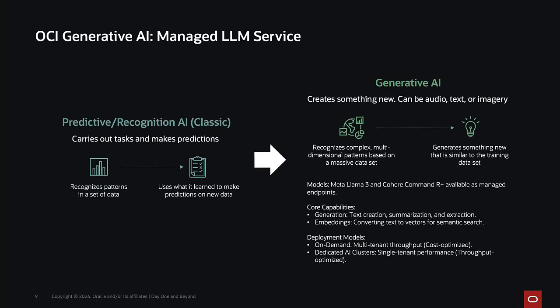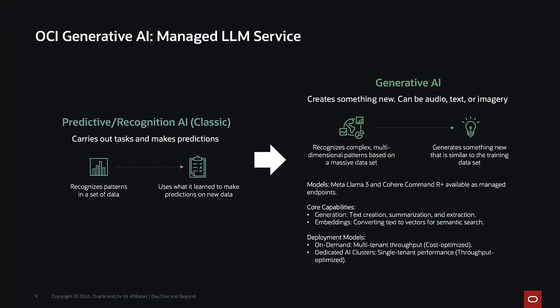In OCI, our generative AI service gives you access to many different foundational models, and we can go in and look at what those are. We get into the console. You can also see that within documentation, but many of the foundational models that you've seen on the market are able to select from there.